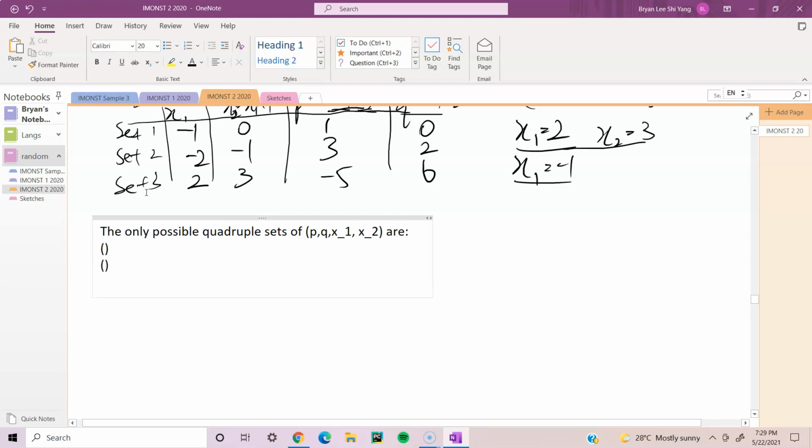Just list them out. What we have here are negative 1, 0, 1, 0. Then for the next set, we will have negative 2, negative 1, 3, 2. And for the final set, we have 2, 3, negative 5, and 6.